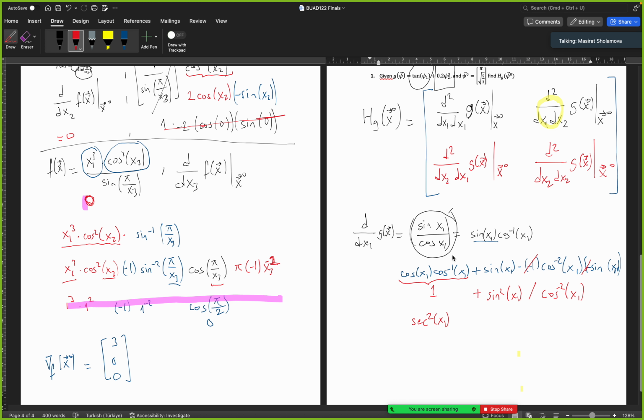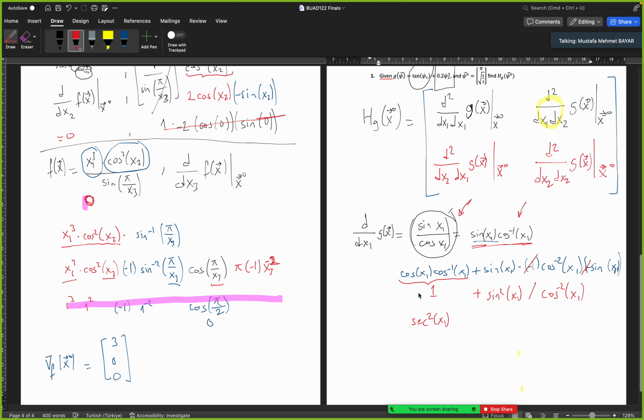And sine over cosine is a quotient, or you can also write it as a product too. And you can just use one of the two formulas, whichever seems easier to you. This is harder to compute, easier to comprehend. This is easier to compute, harder to comprehend.